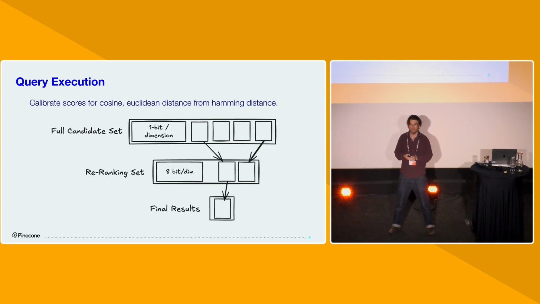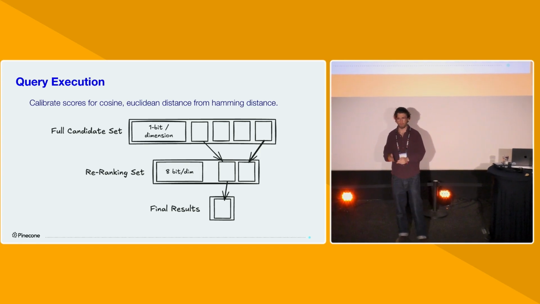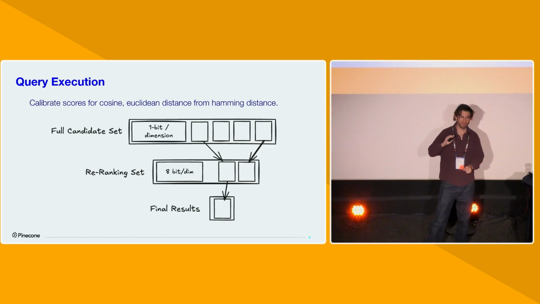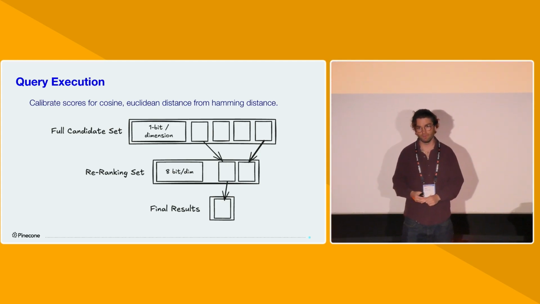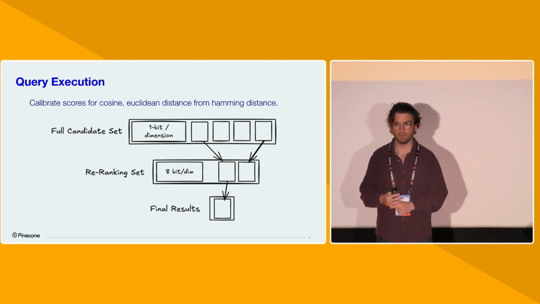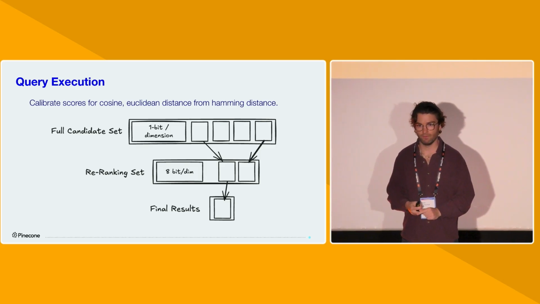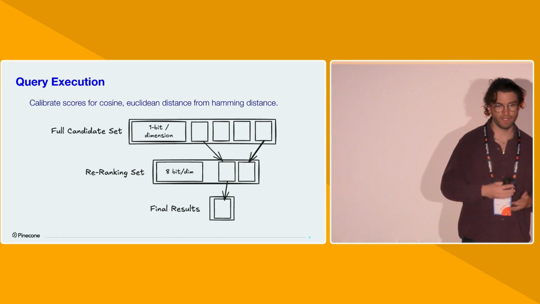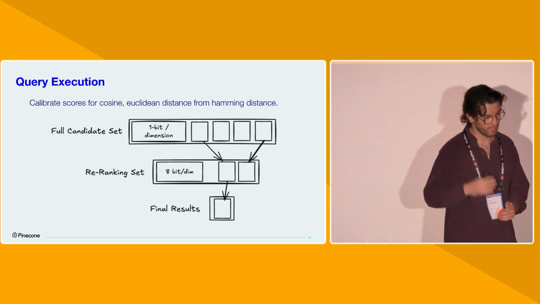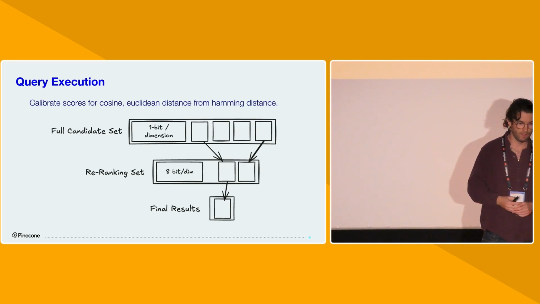This candidate set is re-ranked with a higher fidelity metric. It might be 1 byte instead of 1 bit per dimension. And then in the final representation, we have 4 bytes, like an F32 for every dimension. In most cases, we don't even need to calculate at that level of granularity, but we can do a final re-ranking with that as well, which will get us the true distances and the true ordering.